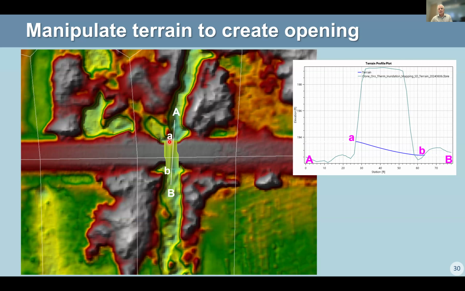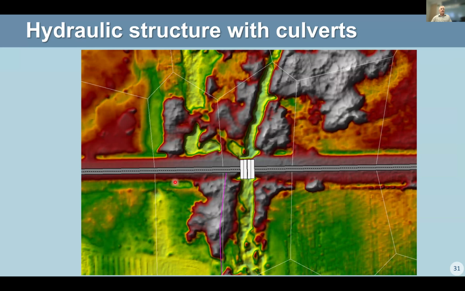Basically, you take this elevation and project it down here, and now there's a passageway through this embankment. But you can do better than that, and include a hydraulic structure in here, which is basically an embankment in the model. And then you can embed culverts into that structure.